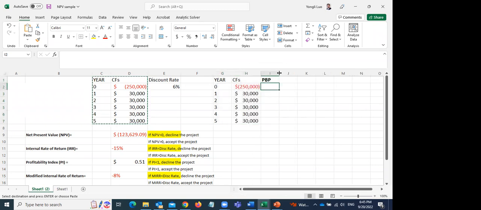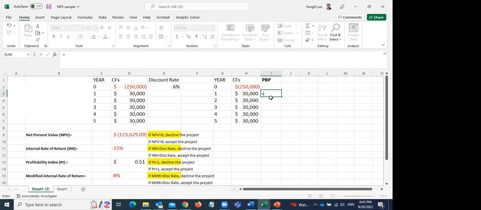So how do you know how many years you get your money back? For the payback period, you just sum them up and accumulate to see when it becomes positive, right? So you see the end of the first year. This is the cash flow generated in the first year, and this is your initial investment.